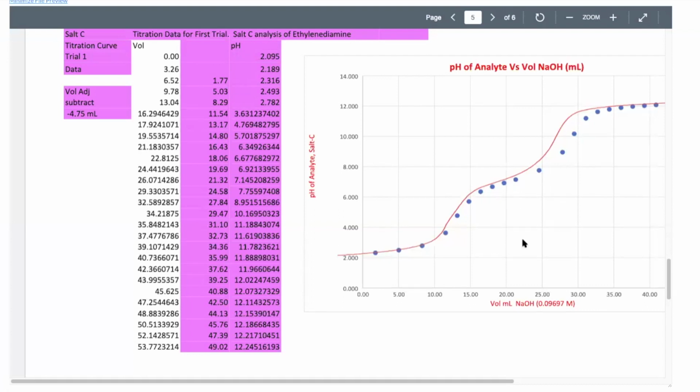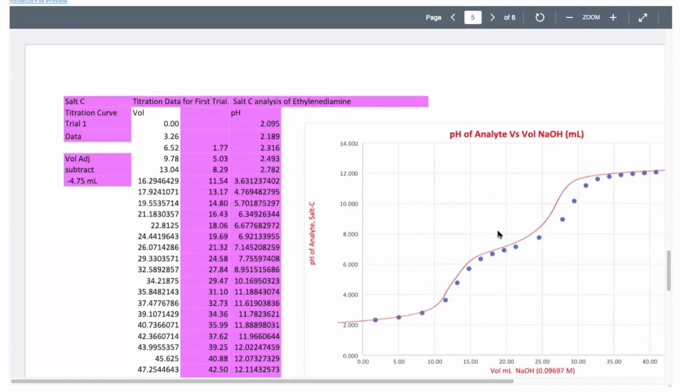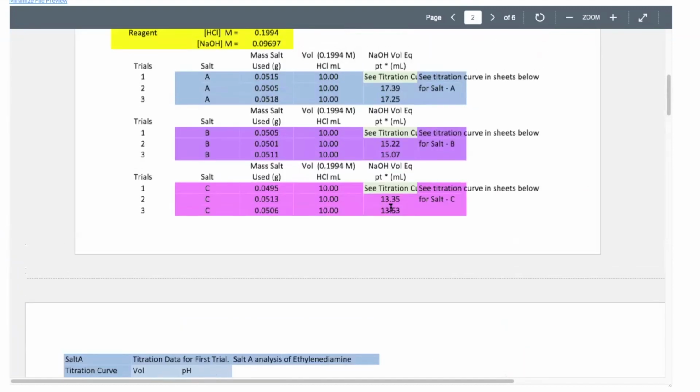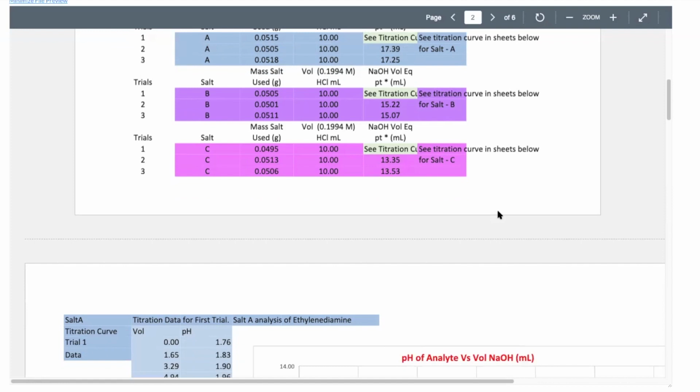Anyway, if you're looking for the equivalence point, look at the equivalence point on the original data, because if these masses are similar, then these volumes are going to be very, very similar. Just a hint.